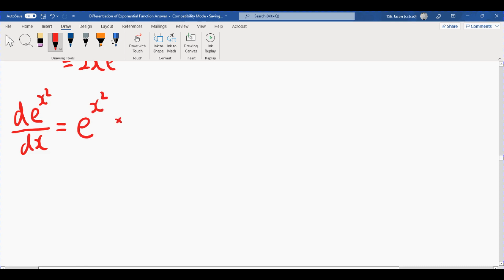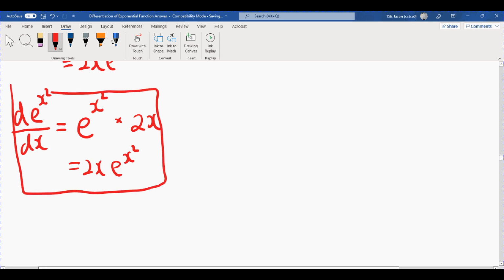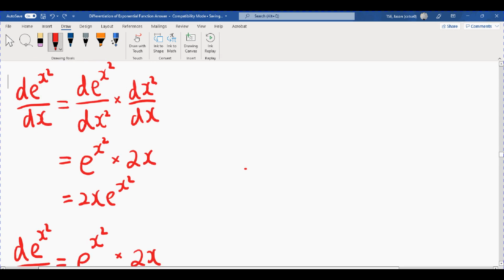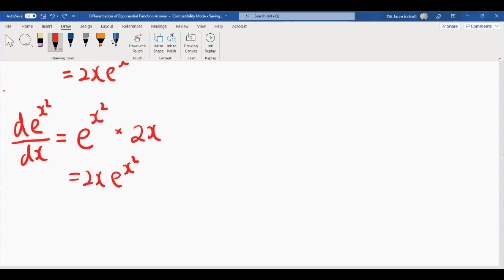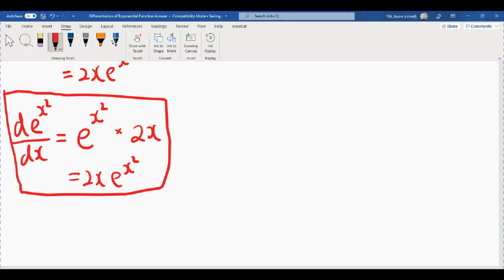Then remember to differentiate that x squared. The derivative of x squared is 2x. And that's it. I will use this quicker version for the following questions, because possibly that would be easier for me to write the answer.